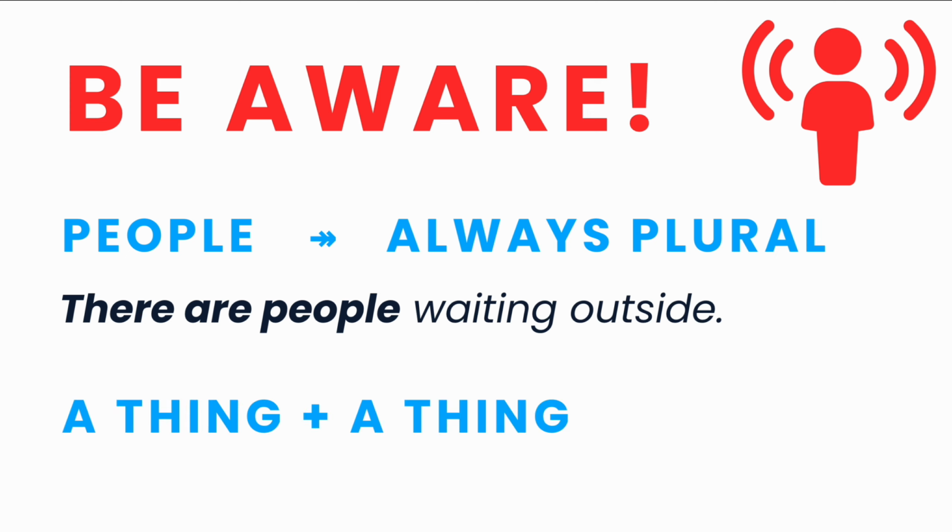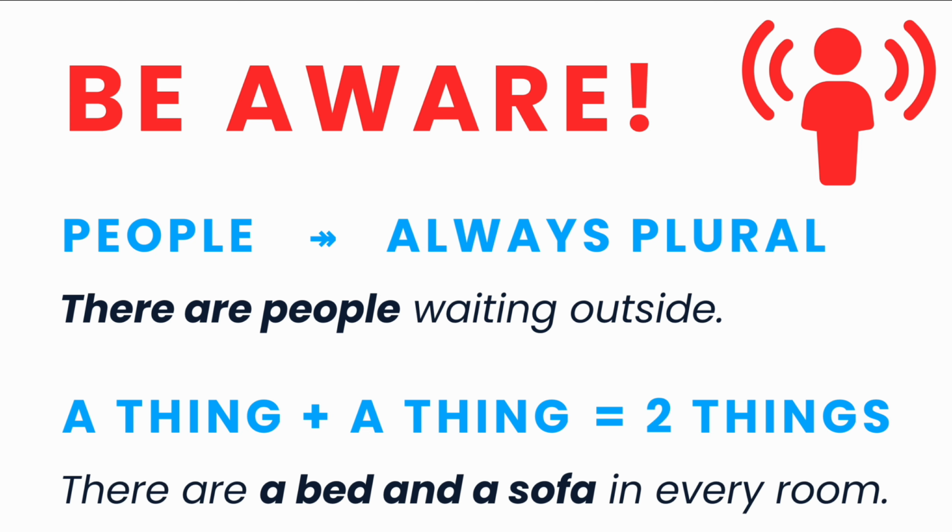And if you mention one singular thing, and then another thing, in total, we have 2 things, right? Or more. We say there are a bed and a sofa in every room. We don't look at just the first thing. We look at both of them, a bed and a sofa. So it's 2 things. So we say there are.